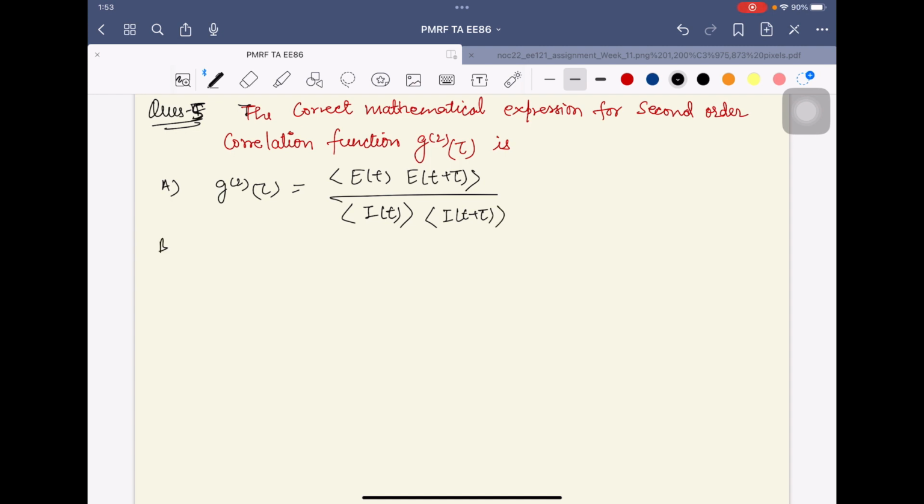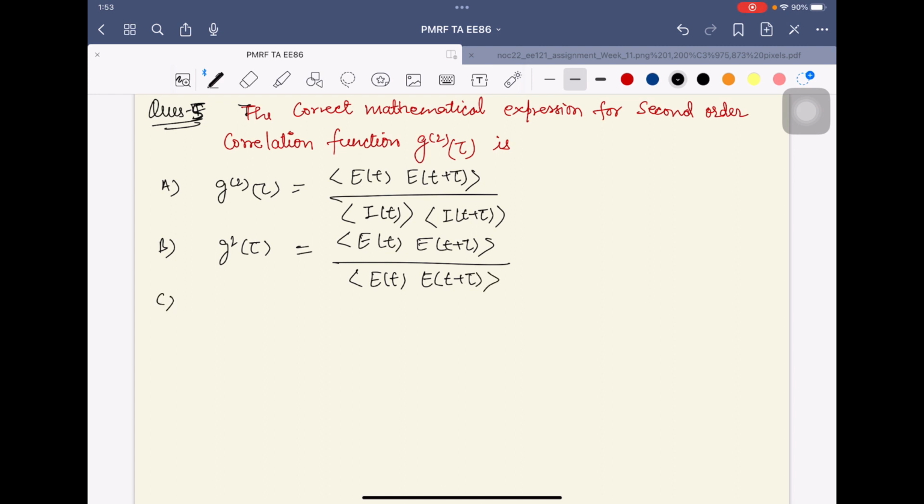The B option is G2 tau is equal to E(t plus tau) divided by E(t) plus tau.